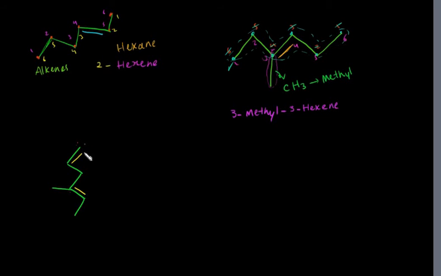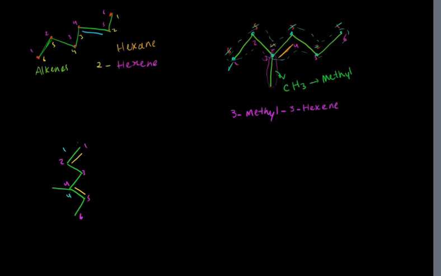So it will be 1, 2, 3, 4, 5, 6. As you can see, this double bond is between 1 and 2, and we always take the lowest number, so it will be 1. And this one will be between 4 and 5, and we always take the lowest number, so it will be 4.